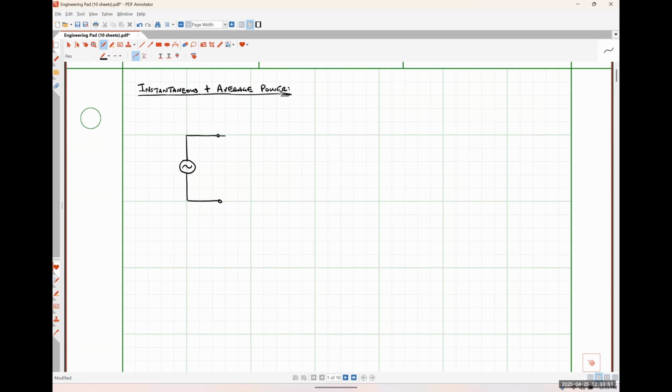And I am sinusoidally exciting some linear network. It doesn't particularly matter what's inside this linear network. It's just important that it is indeed a linear system. So let's just call this a black box linear network.